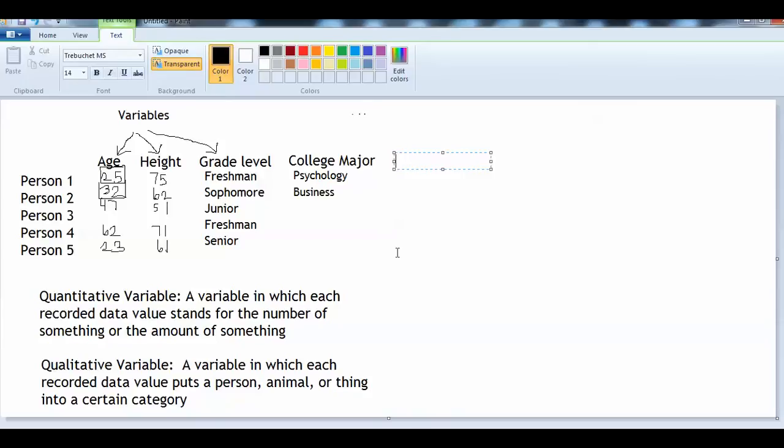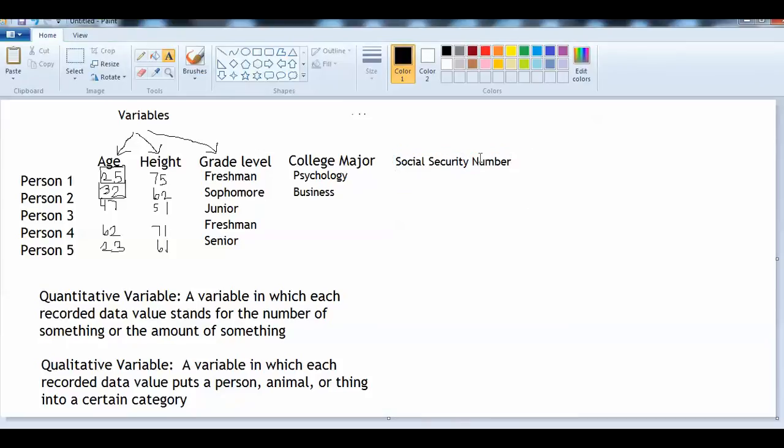So what if we asked each person, what's your social security number? That would be a variable because different people have different social security numbers, but it's actually not quantitative, because a person's social security number doesn't show the number of something or the amount of something that the person has.